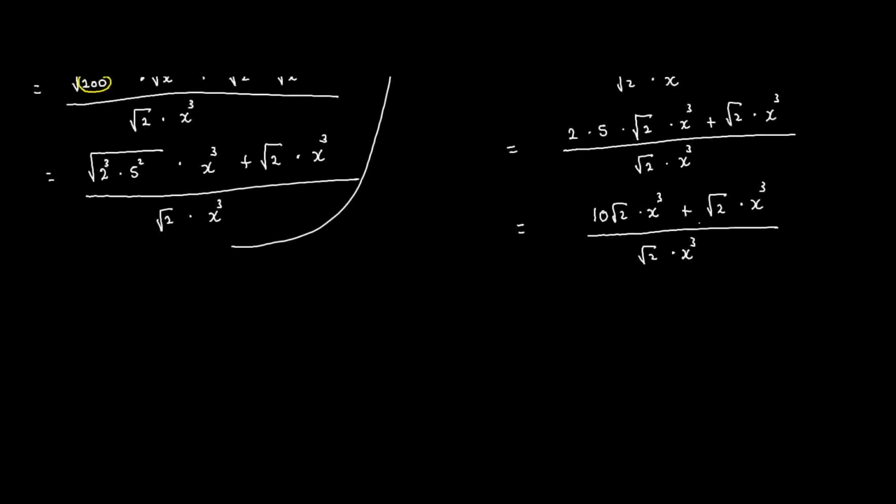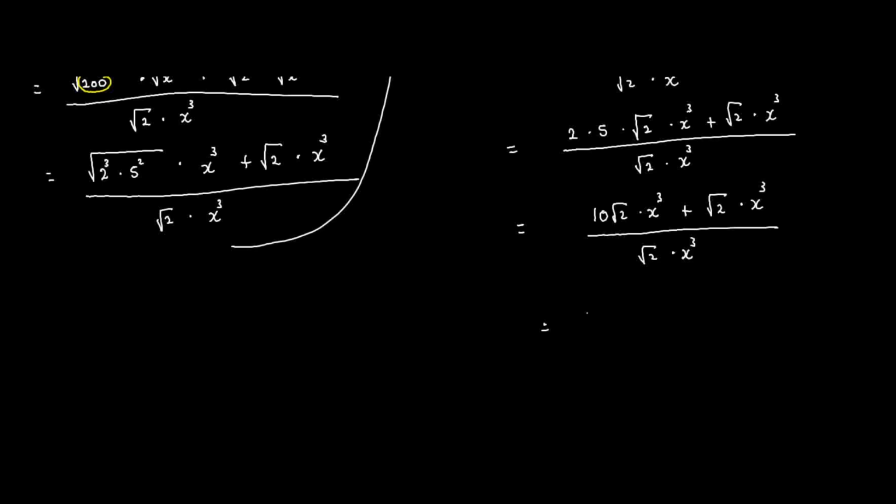And now if I look at the numerator, I can actually see that these two are like terms, right? So you can add the like terms together, or if you cannot see that, why not just factor out the common factor? As I said, this is a binomial, so between the first term, which is 10 square root 2 times x cubed, and the second term, which is the square root of 2 times x cubed, what is the common factor?